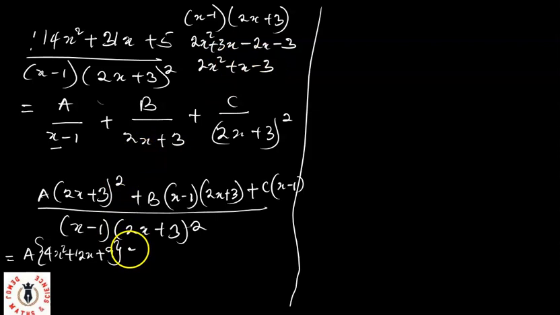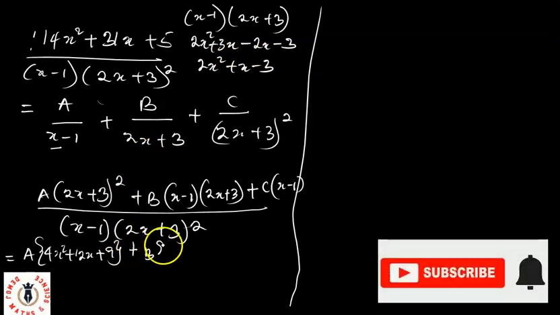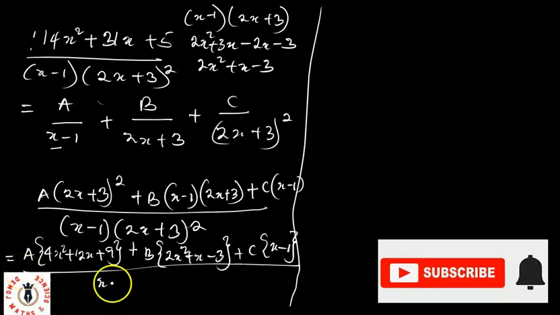Now I can place this as B into 2x squared plus x minus 3, plus C into x minus 1, all over x minus 1 into 2x plus 3 all squared.